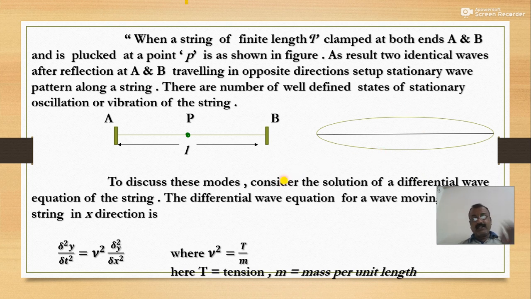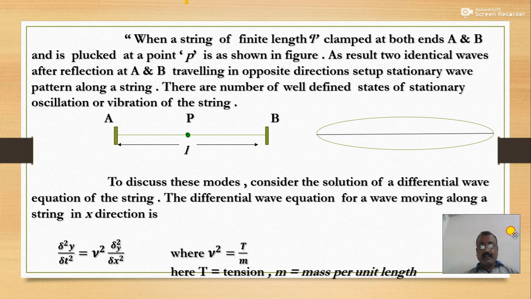Here, to discuss these modes of vibration, let me consider the differential wave equation. The differential wave equation is given by del square y by del t squared is equal to v squared into del square y by del x squared.